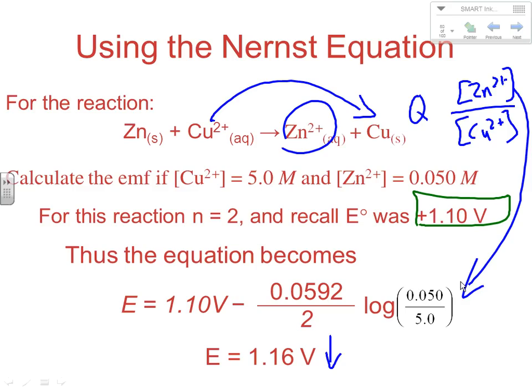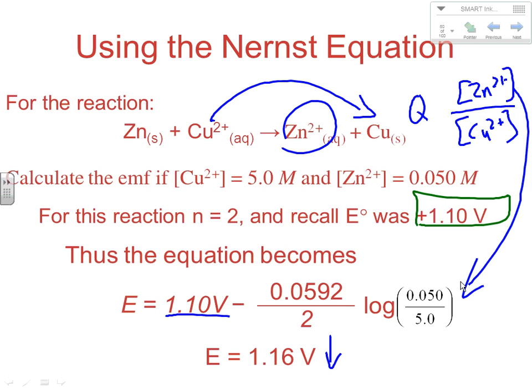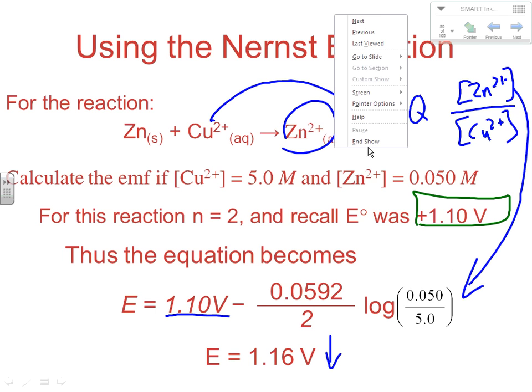And eventually it's going to be at the situation where we're 1 molar of each and we would equal 1.10. And as the reaction keeps progressing, it's going to start to go down from there. And that's what happens as we use up our battery. And that ends our notes over section 20.5 and 20.6.